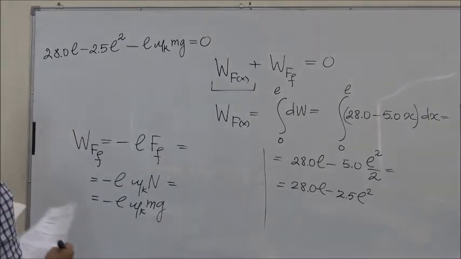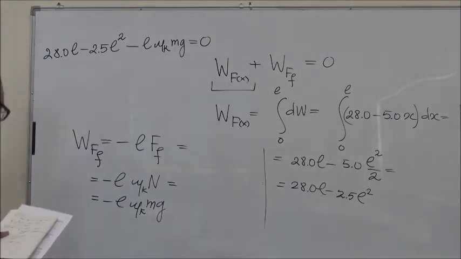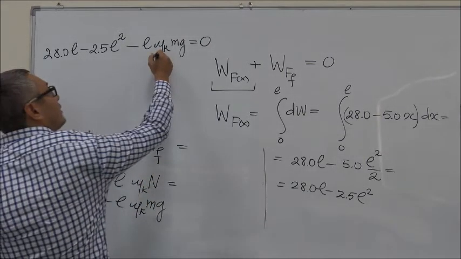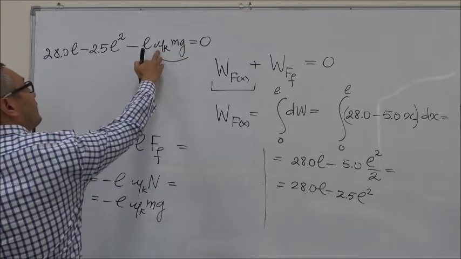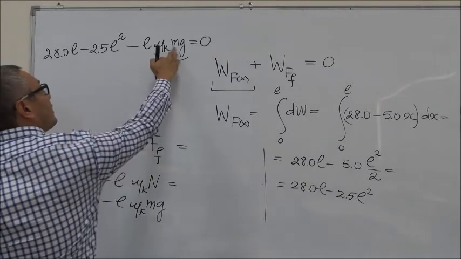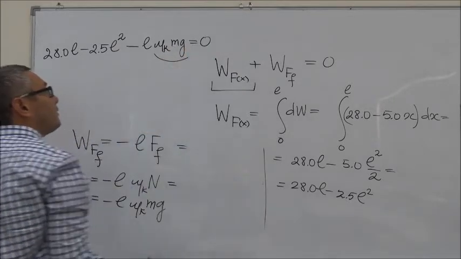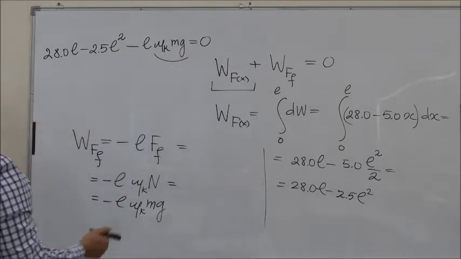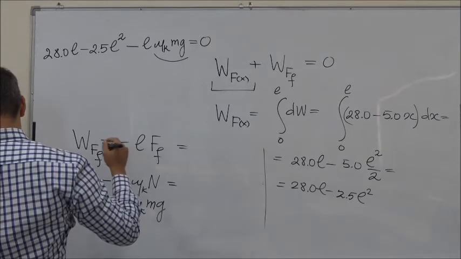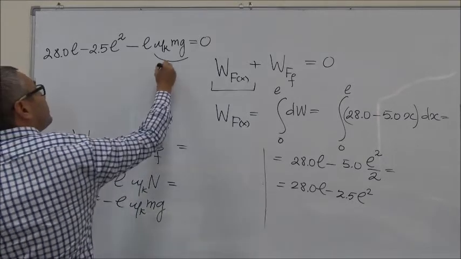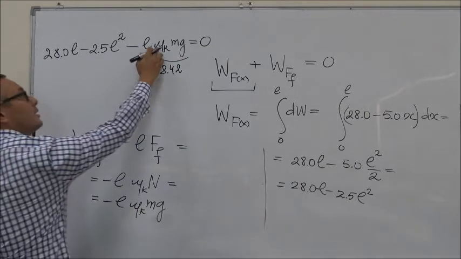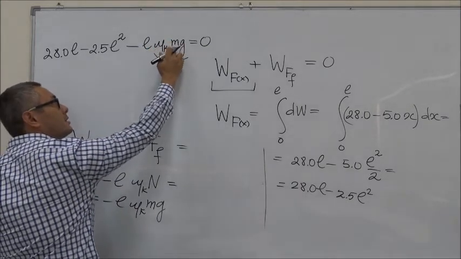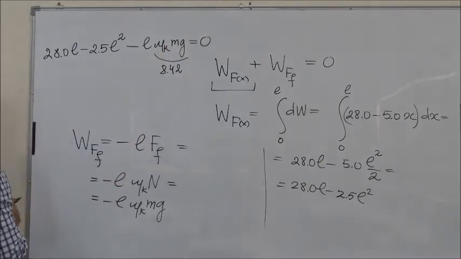So let's go ahead and calculate what this prefactor here equals to. Now we are given the coefficient of kinetic friction, we're given the mass and the free fall acceleration. If you do the math, this gives you 8.42. Okay, so just calculate coefficient of kinetic friction times the mass times the gravity.